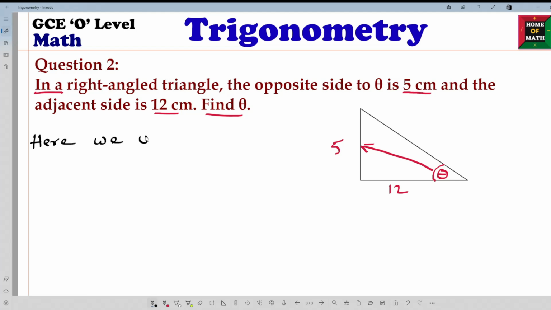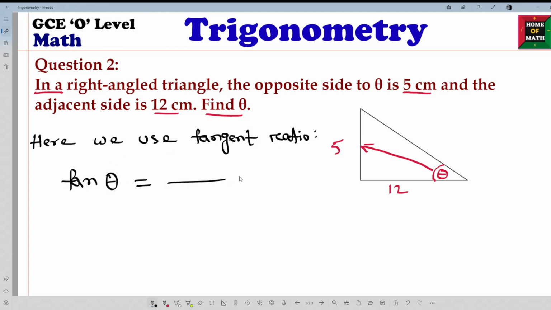So here we use the tangent ratio, which is tan theta equals opposite divide adjacent.